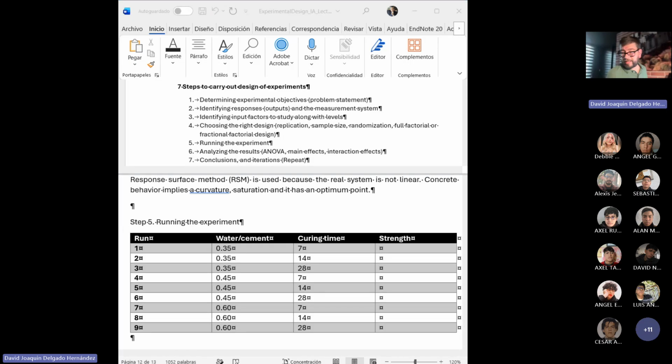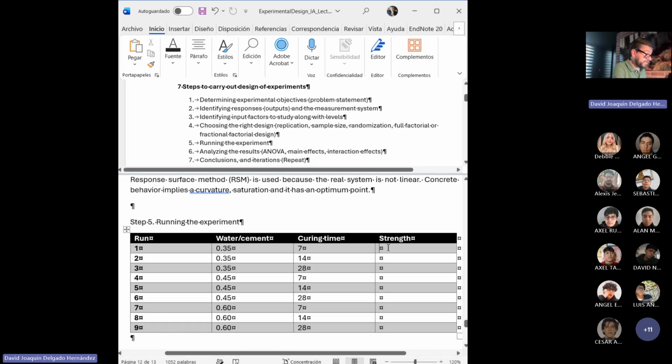So imagine that I have already in my laboratory built the different mixes of concrete. The first one uses a water cement ratio of 0.35 and the curing time is 7 days. So imagine that the strength in megapascals that I am going to record in this case is 38.